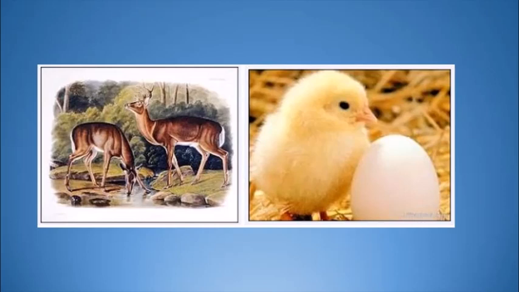So you have to remember that oviparous animals lay eggs, like hens and ducks. Then we have viviparous animals. Viviparous animals give direct birth to the young ones. And as they give direct birth to the young ones, they are called what? Viviparous animals. For example, dogs, deer, lions, humans, etc.